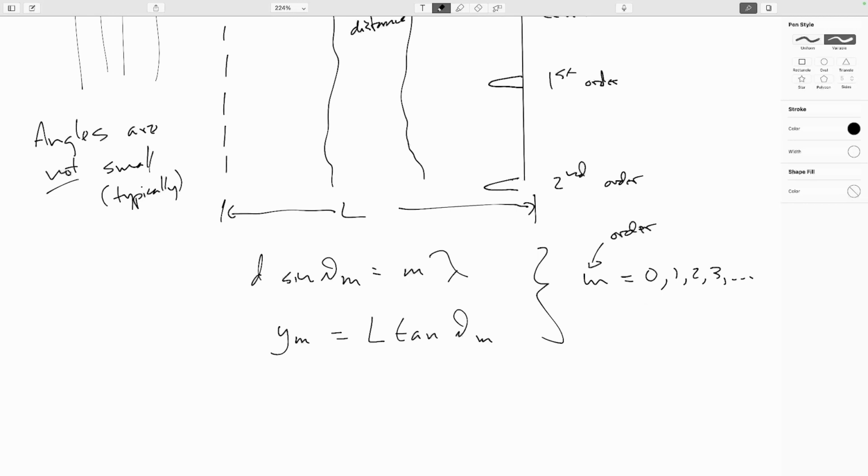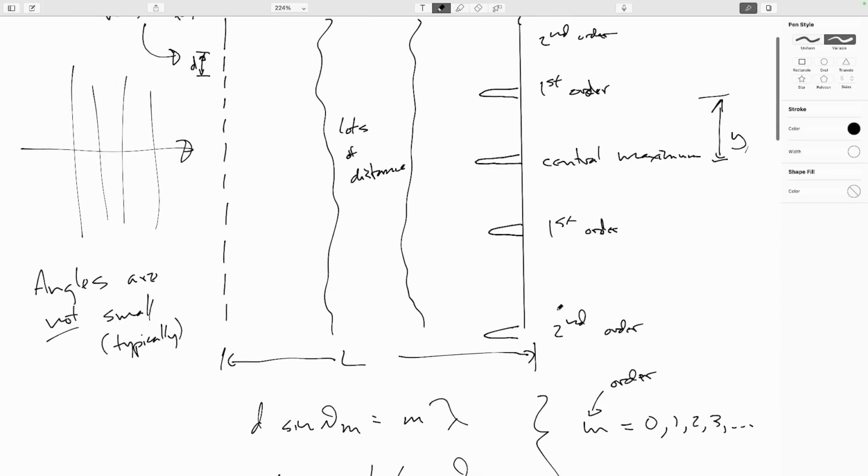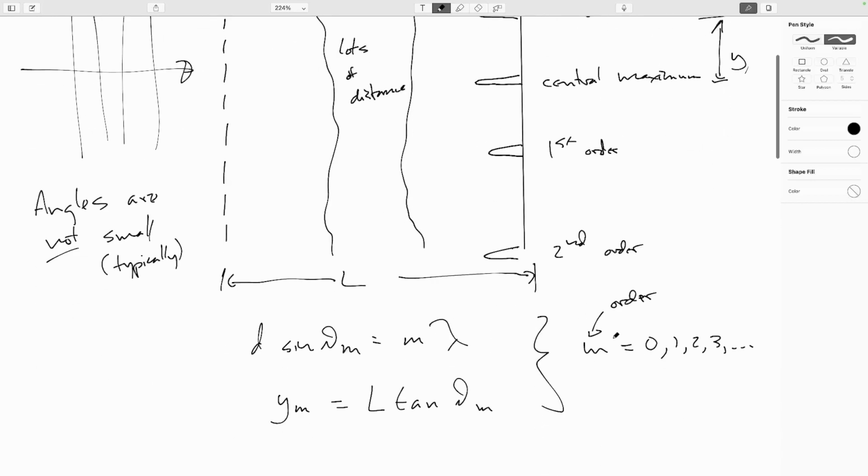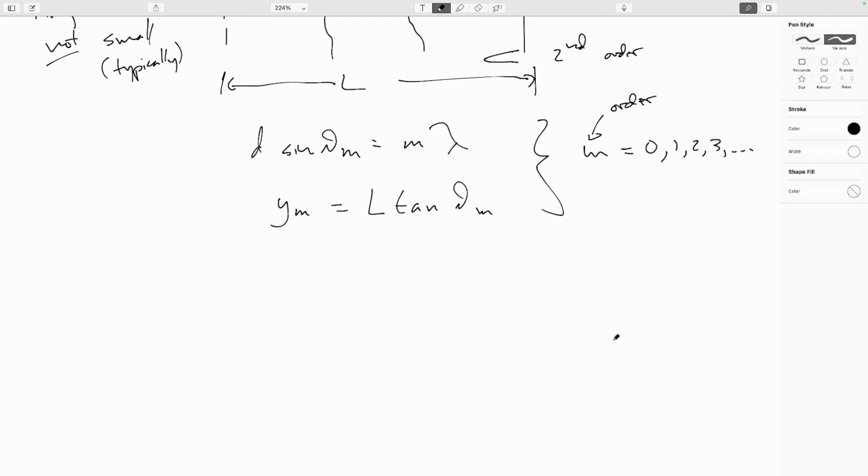You'll notice here, though, that I drew the lines as being very narrow, unlike Young's experiment, where you just kind of smoothly ran from a peak down to a dark spot. What you find in a typical diffraction grating pattern is that you have very narrow spots of constructive interference, and all the rest of it's darkened out. Now, to prove this in general involves a lot more math than I want this treatment to have.